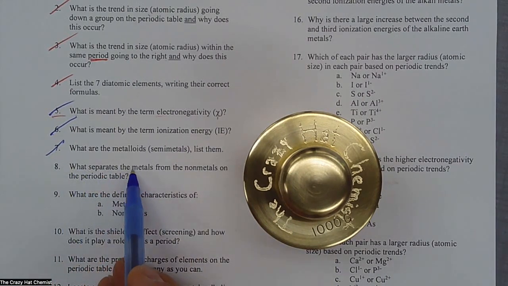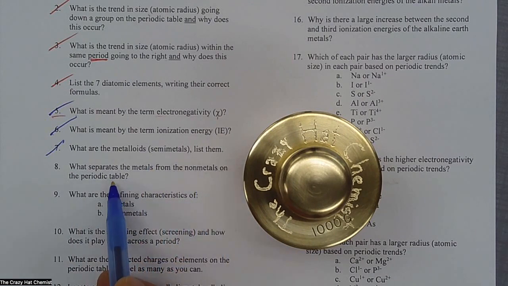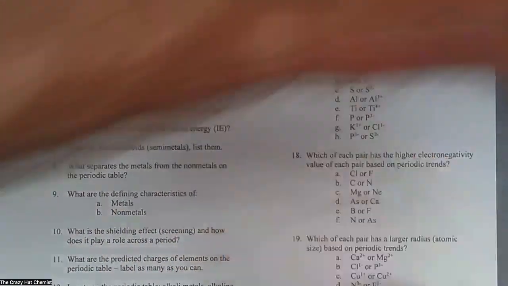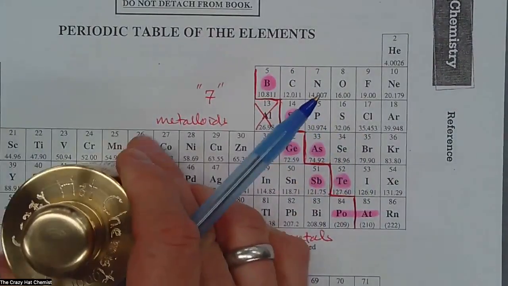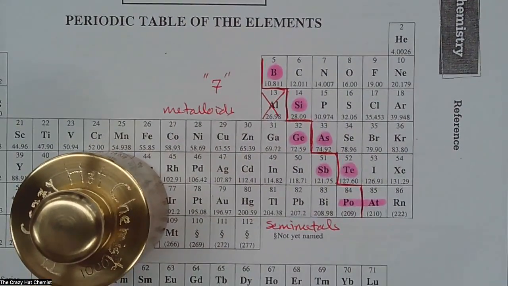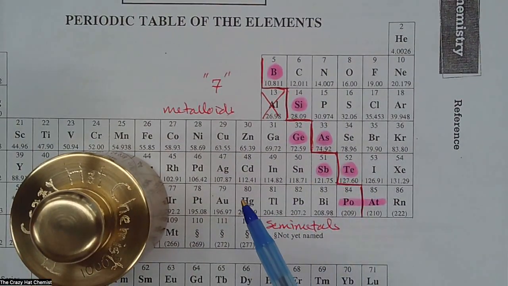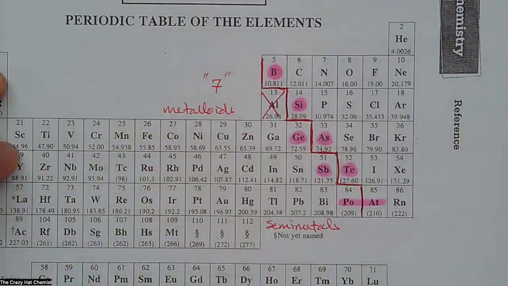Number 8, what separates the metals from the nonmetals on the periodic table? So I'm actually going to zip this over here again, and we have what separates the metals from the nonmetals on the periodic table. So I'm going to write this out here, and maybe I can get myself a Sharpie here.